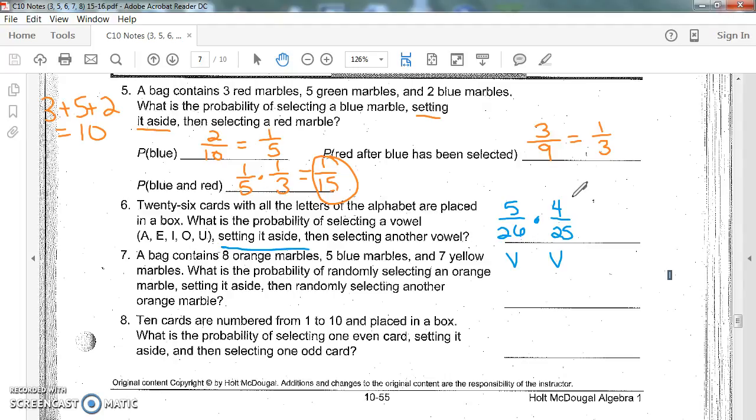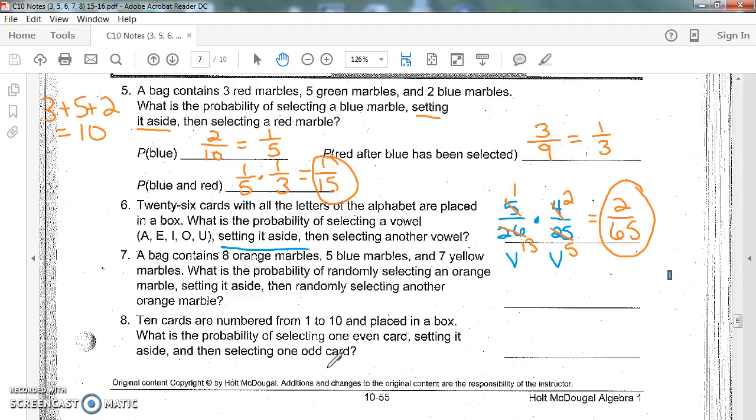We can pre-reduce this one just a little bit by saying 5 and 25 will reduce. This would be 1, this would be 5. 4 and 26 are also divisible by 2. So this becomes 2/65. That's our answer there.